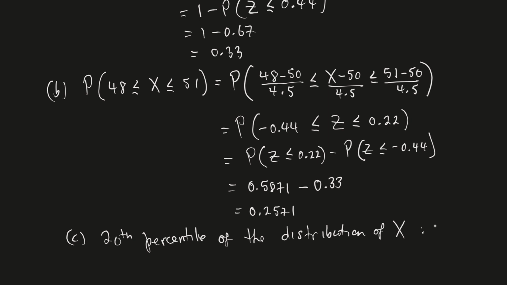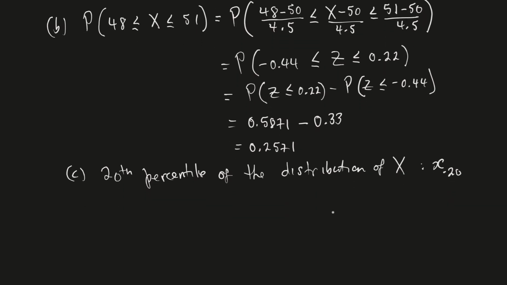In other words, I want to find the little x at 0.20. Well, the thing is, we don't have a table for this x distribution. So the first thing we can do is find the z sub 0.2.